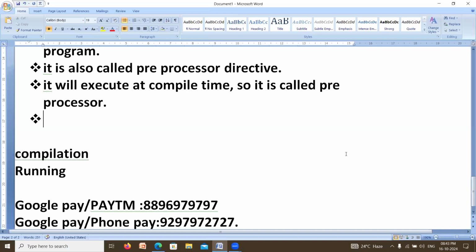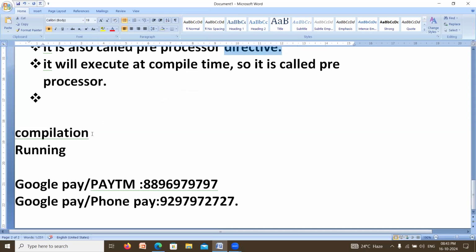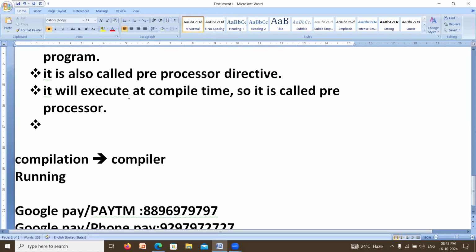So why it is called directive? First you will write the code in English. That should be converted into machine language. That process is called compilation. Who will do this compilation? A special software will do. That software name is called compiler. So this line will give direction to compiler. So it is called directive.